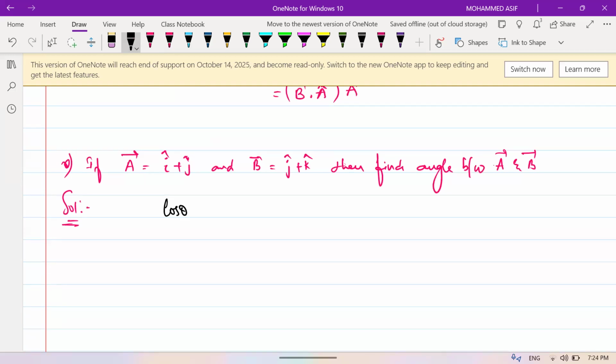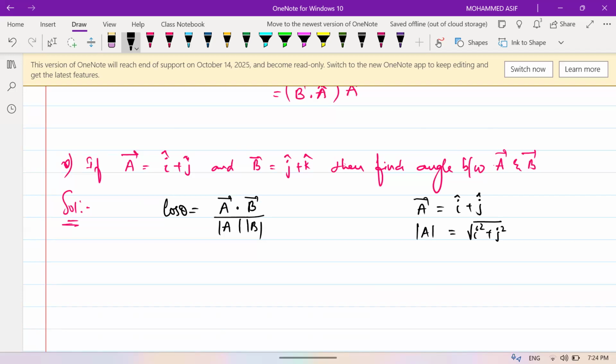Formula: cos theta is equal to A bar dot B bar divided by mod A into mod B. Now tell me how to write mod A. A bar is given as I cap plus J cap. Mod of A will be equal to under root of I square plus J square.